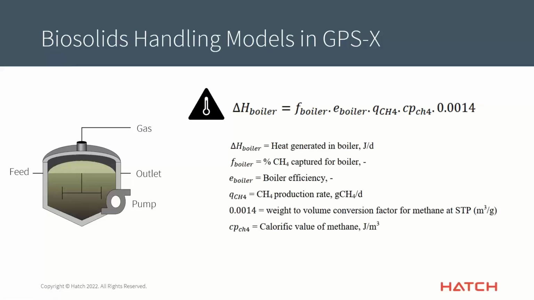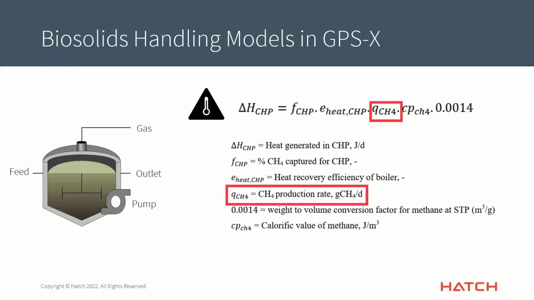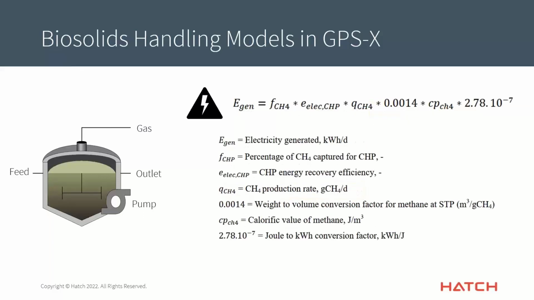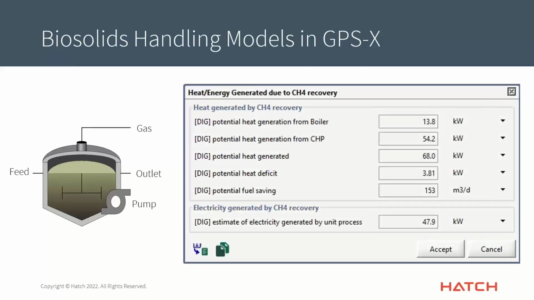And I won't go into a lot of details here, but you can see that in almost all these cases, the boiler heat is just a function of the gas generation. So is the CHP heat, and also the electrical generation is just linearly a function of the amount of gas that's being generated.